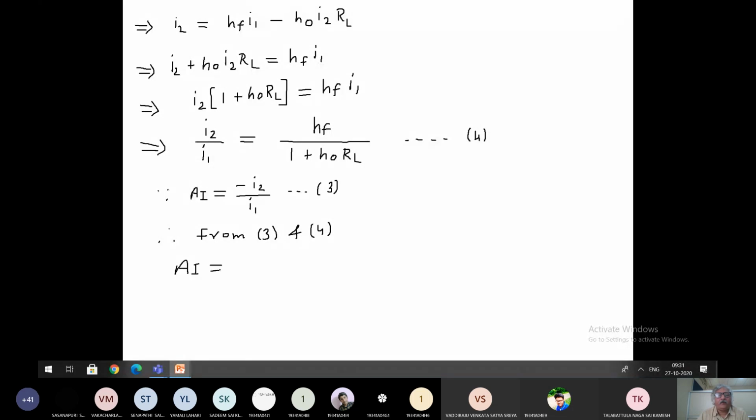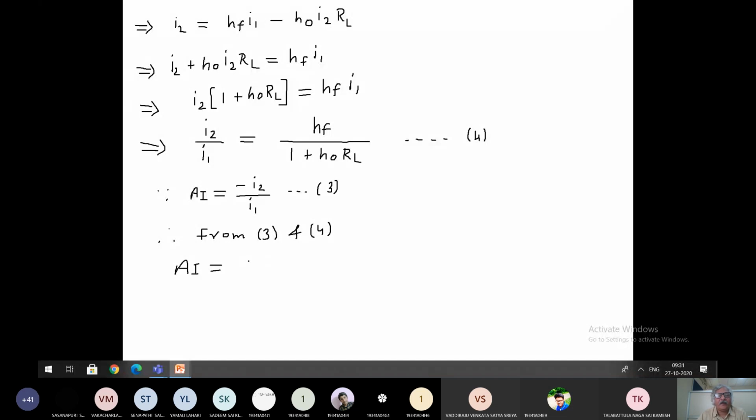AI is equal to, simply in equation 4 you put the minus sign, right? Means I2 by I1 is equal to HF by 1 plus H0 RL. Therefore minus I2 by I1 is equal to minus HF by 1 plus H0 RL.